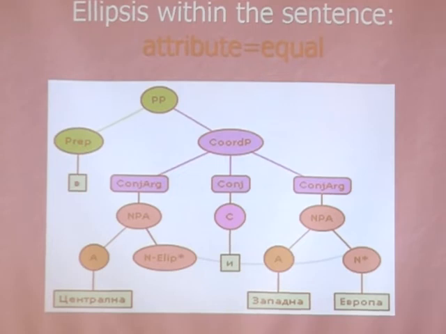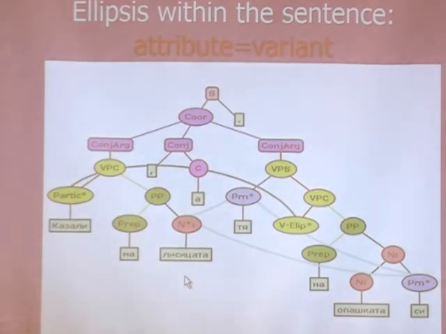We start with ellipsis within the sentence. When the attribute is equal, you see this says in Central and Western Europe. And here it is equal. Europe is missing here. And this is the relation: Central Europe and Western Europe, nothing special here. So variant. Yeah, you see there are a lot of relations.